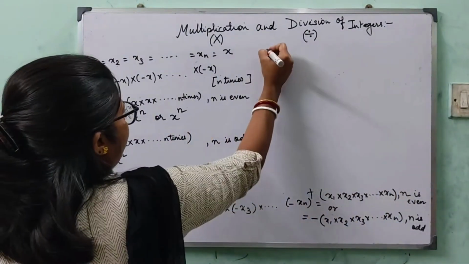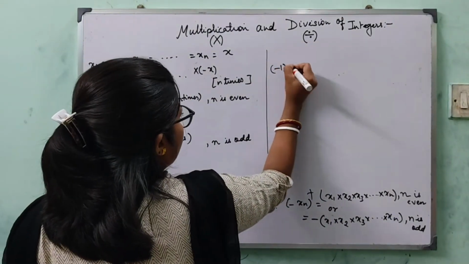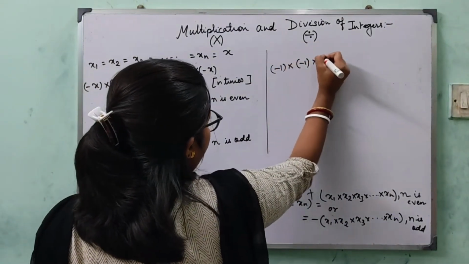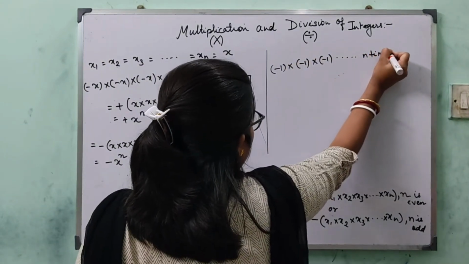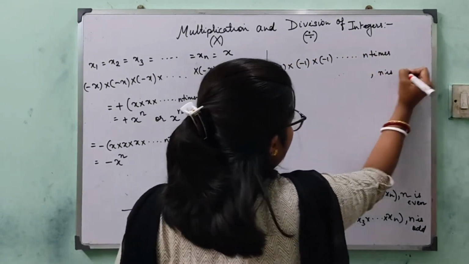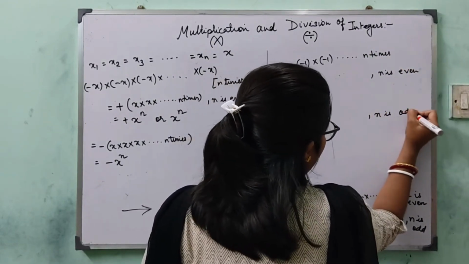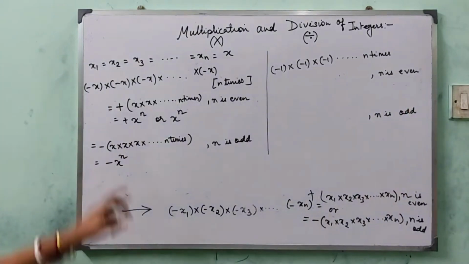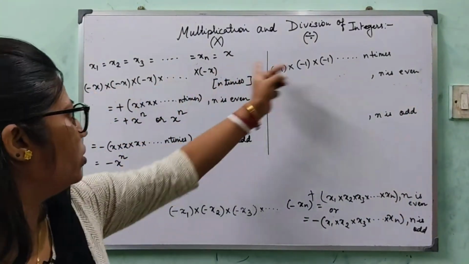Using more of this, now if we use minus 1 into minus 1 into minus 1, n times, where n is even or n is odd, this is the same pattern I am following.